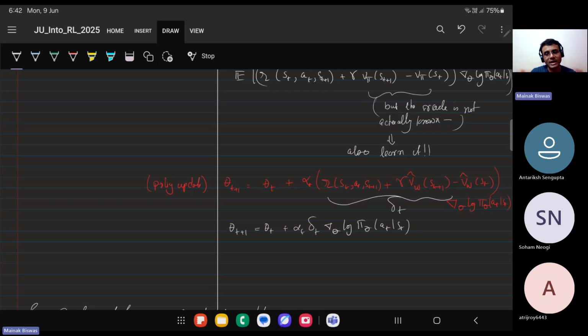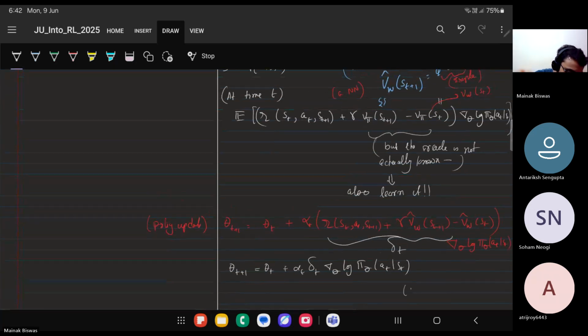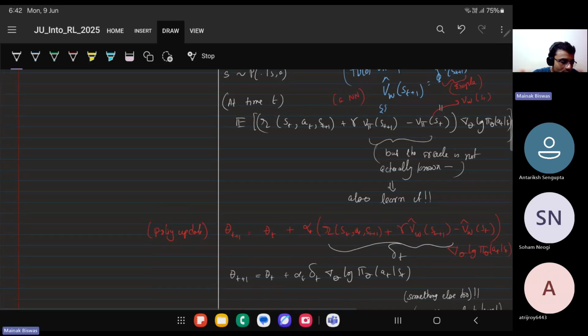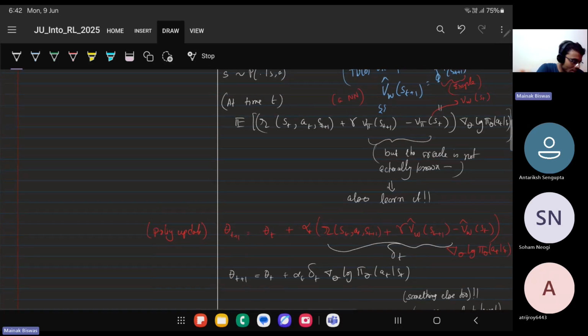But now remember, I also have something else to learn, right? What else do I need to learn? W needs to be learned, no? W is the neural network. So I'll draw it over here.